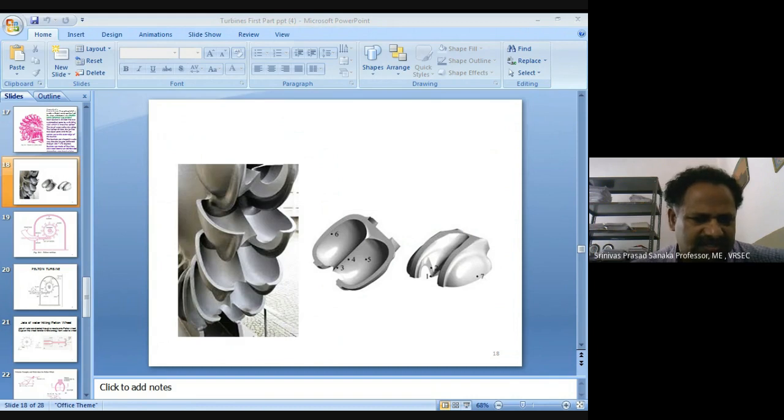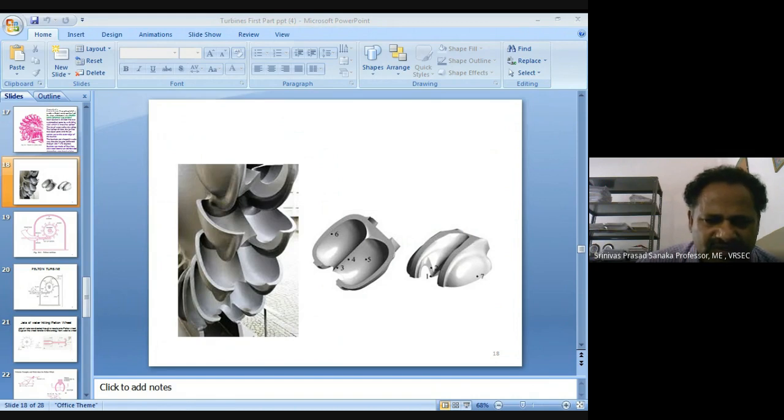This is a disc to which the buckets are radially arranged. Now, let us look at the construction of the bucket of a Pelton wheel. This is the bucket of a Pelton wheel.